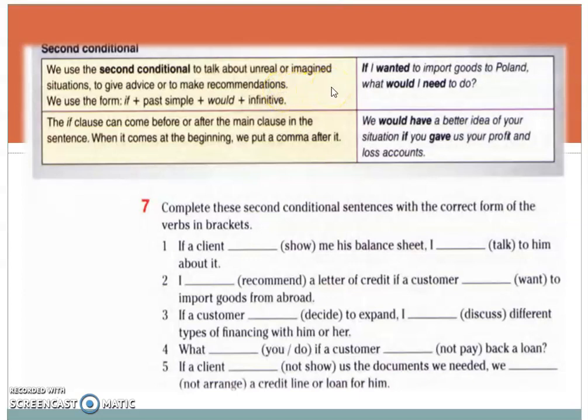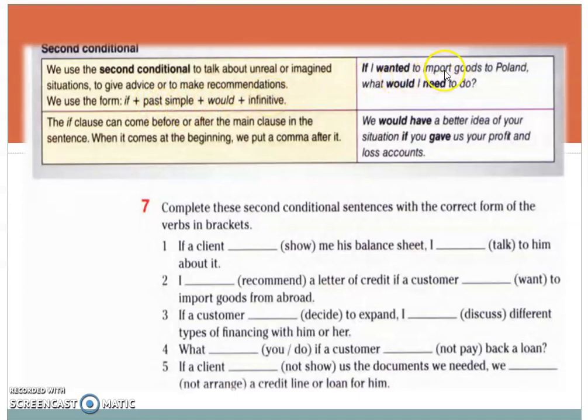How to form this? Of course, we can form this by using the first word if, and then past simple, and then would, it's the past of will, and the infinitive of the verb. So this is an example here. If, so I start with if here, I wanted. So this is the past simple.